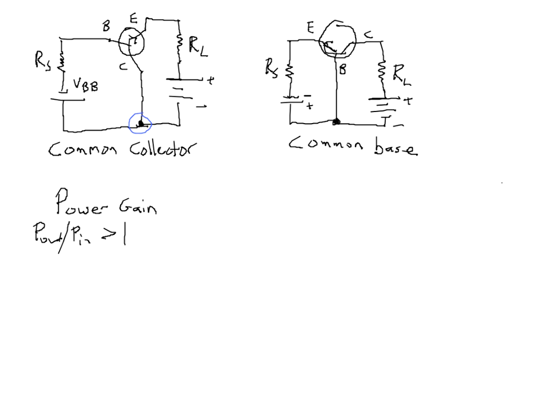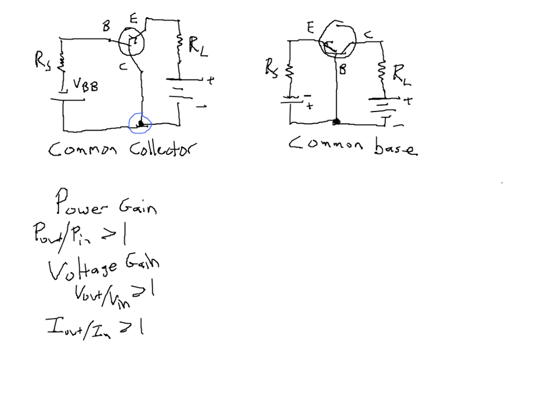We might want to consider the voltage gain. Okay, which means that the output voltage is greater than the input voltage. We might have current gain, which I'll write as I out over I in.